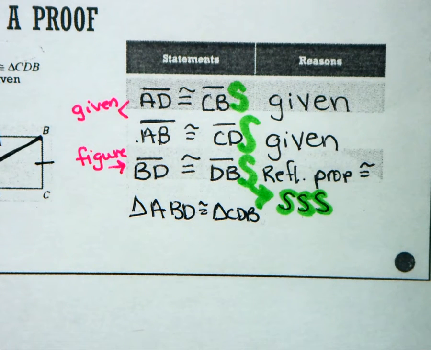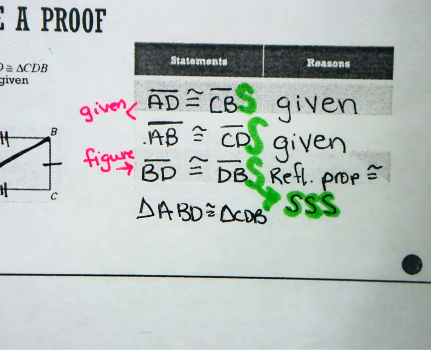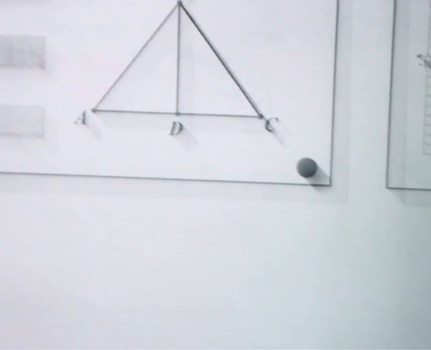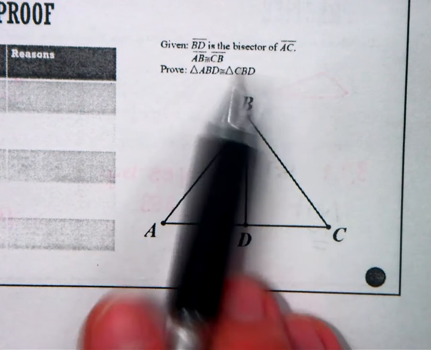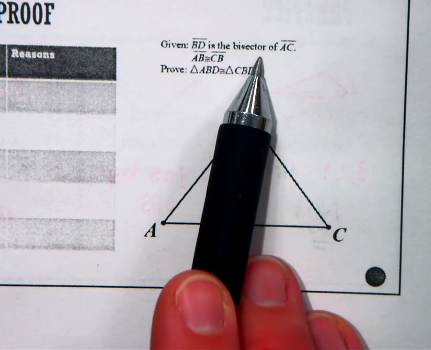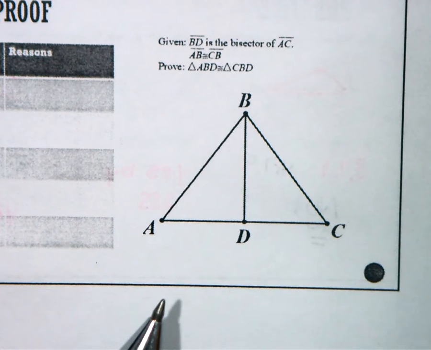So we're going to try another one that has a little bit more interesting piece of information in the given statement. So in this proof, it has a vocabulary word. It has that bisector. So we're going to be using definition of a bisector.